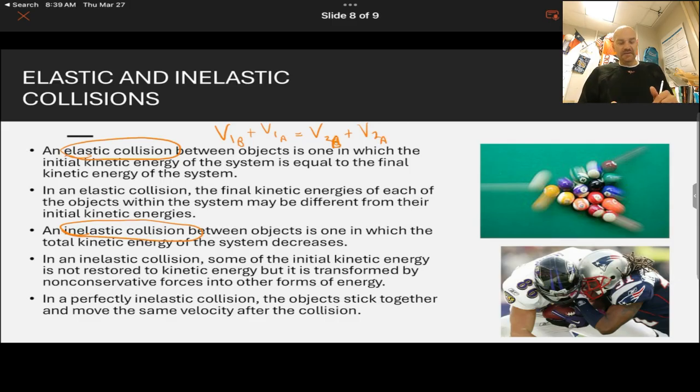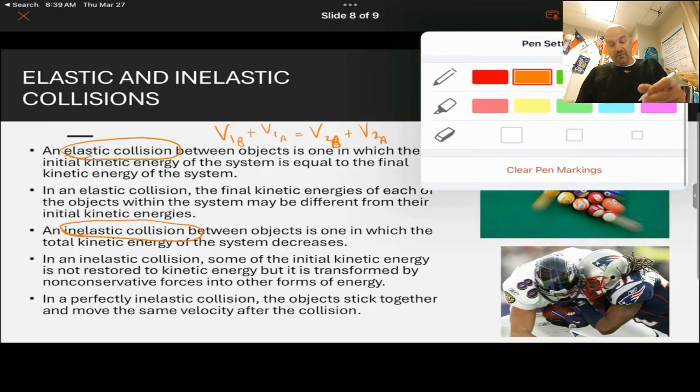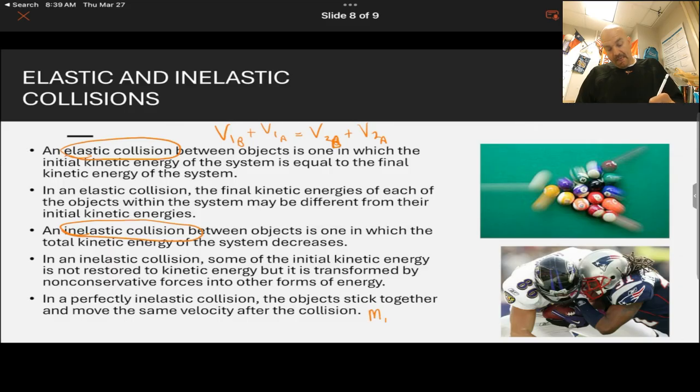Now, when it comes down to perfectly inelastic collisions, you'll have the sum of the momentum of the system before, and that's going to equal the total mass times this common velocity.